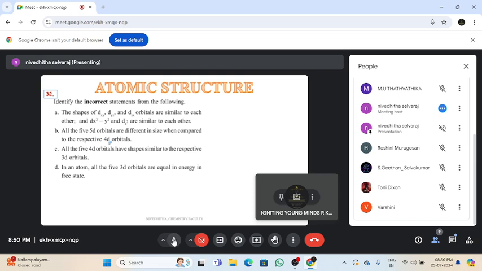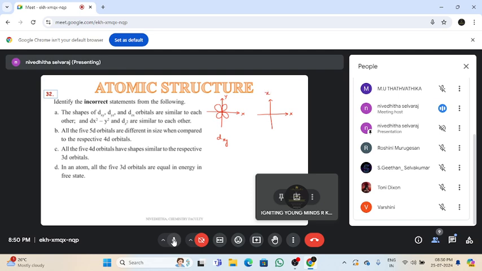What is the shape of dxy, dyz and dzx? This is the x-axis and this is the y-axis. What is the shape of a d orbital? Double dumbbell, right? So I'm going to draw the shape of dxy. The electron density will be in between the x-axis and y-axis. Now let us take this as the z-axis.